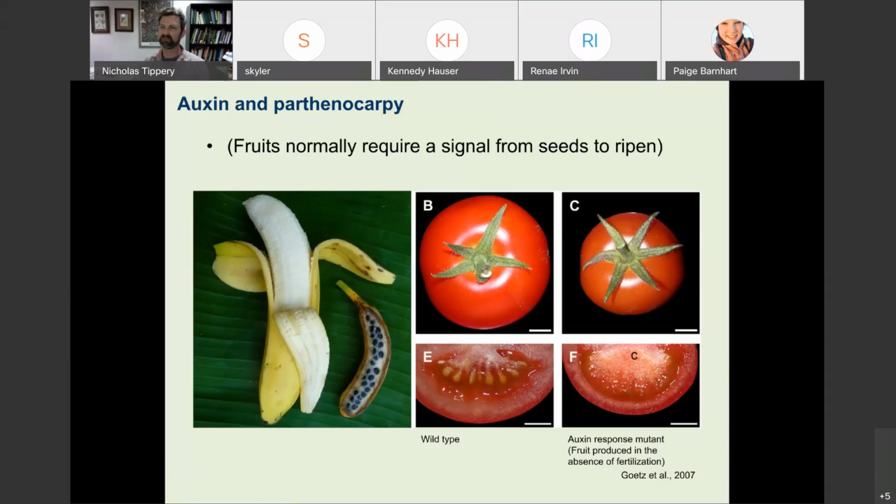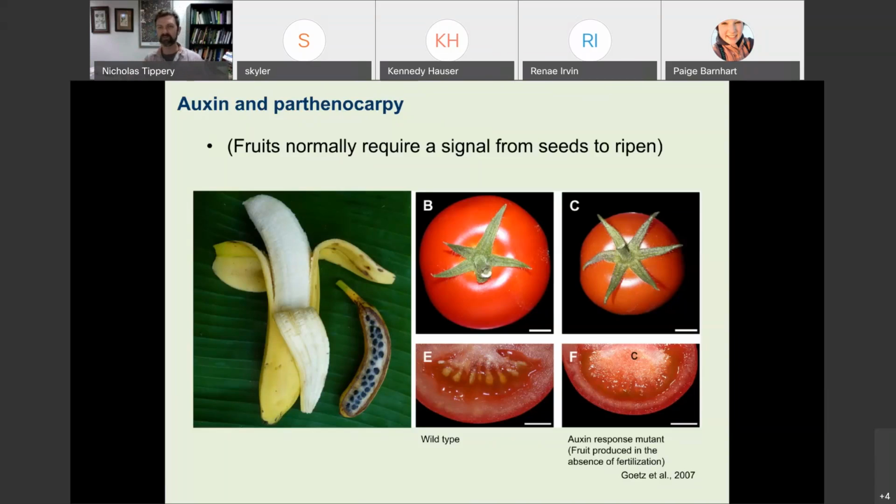And that kind of makes sense, right? So the fruit is this nutrient bundle that protects the seeds, maybe causes an animal to disperse them, and making a fruit is expensive. So the plants can control whether they make the fruit based on how many viable seeds are inside. So a small number of seeds might not be enough to tip the scales to make the fruit.